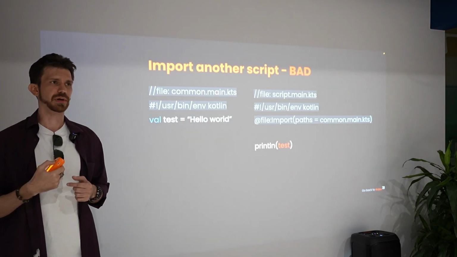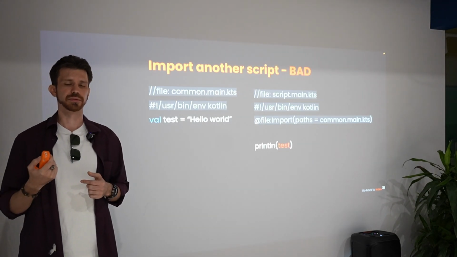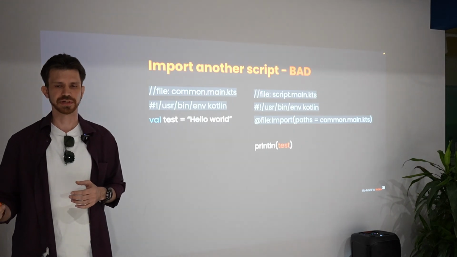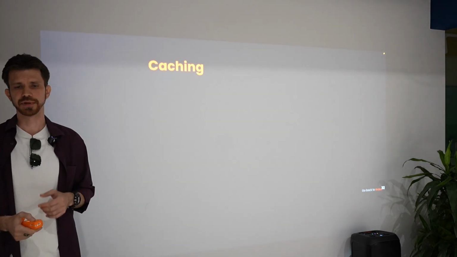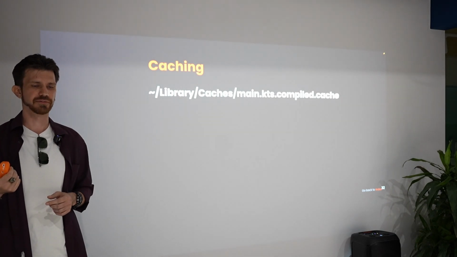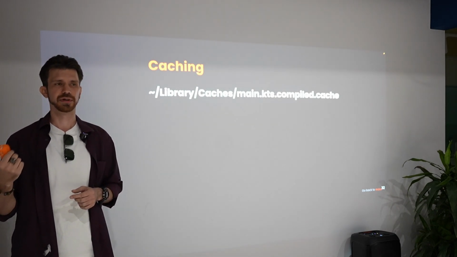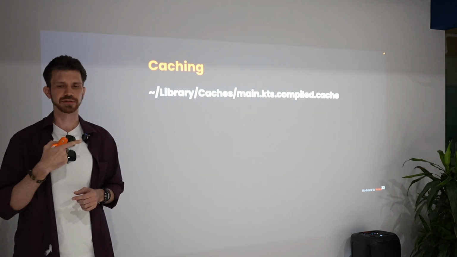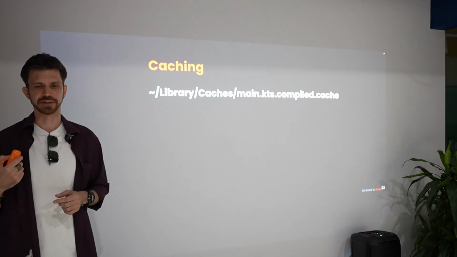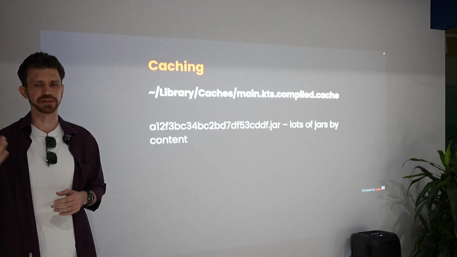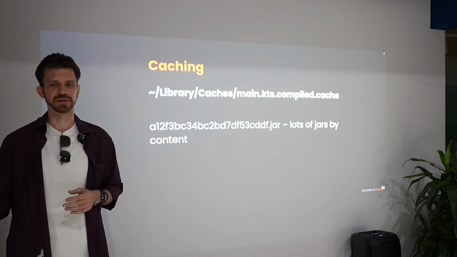But I wouldn't recommend you to do that, because you lose all your syntax highlighting. That's the first problem. And the second problem is caching. Imagine when you run your Kotlin script, it actually compiles into a jar and is stored in the directory pointed on the slide.